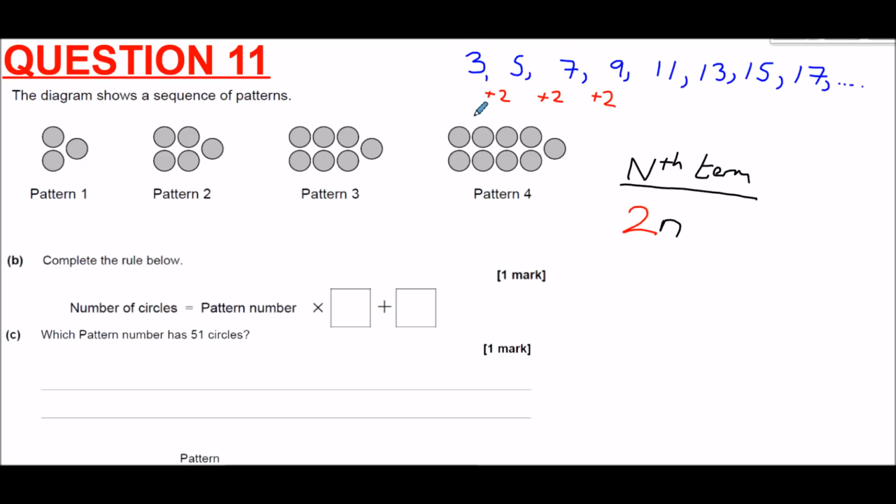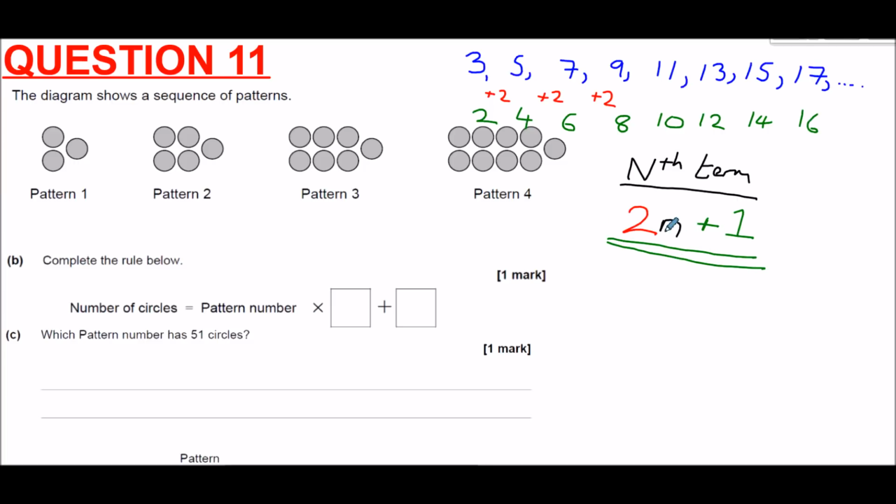If we did the 2 times table underneath and compared the sequence we have here, you should see that each and every number in our blue sequence is higher than the 2 times table by 1. So it's like the 2 times table, only it's higher by 1 each time. And so that is the sequence of the number of circles in each pattern.